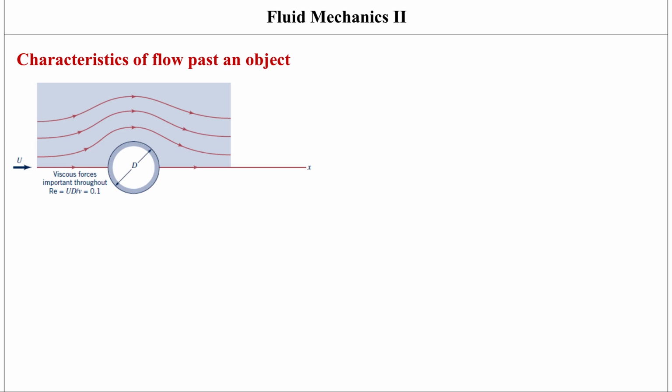And again, in general, as the Reynolds number is increasing, the region of flow in which viscous effects are important is going to be becoming smaller, just like we've seen right now. But for blunt bodies, or bodies that are not sufficiently streamlined, another characteristic that we observe is flow separation.